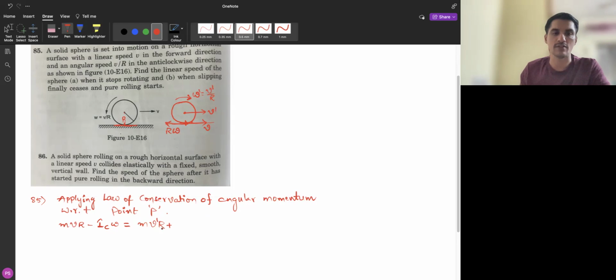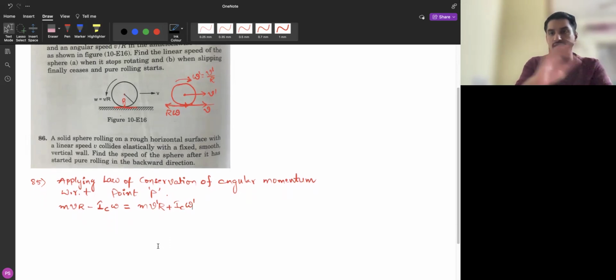Yes. So m into v dash R plus I C into omega dash. See, before situation, after situation. Before that, it was rotating in anti-clockwise direction and moving forward. Afterwards, it is in pure rolling condition. So in both the situations, we are applying the law of conservation of angular momentum.